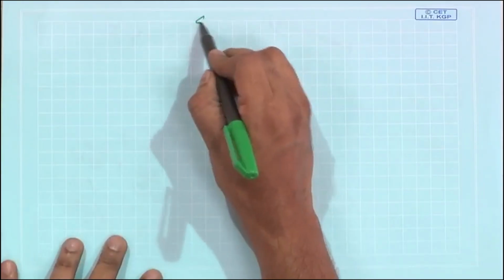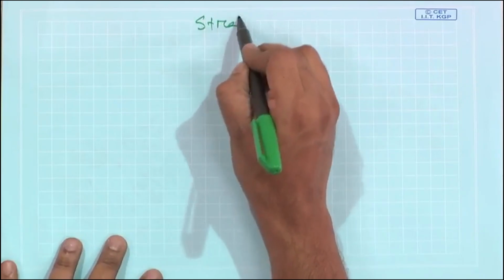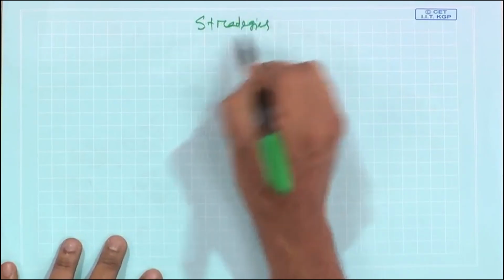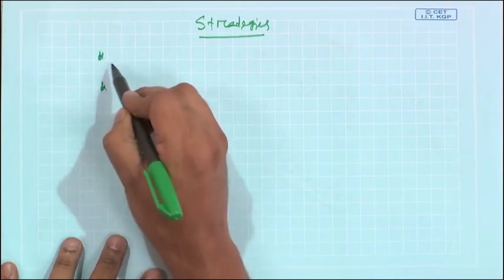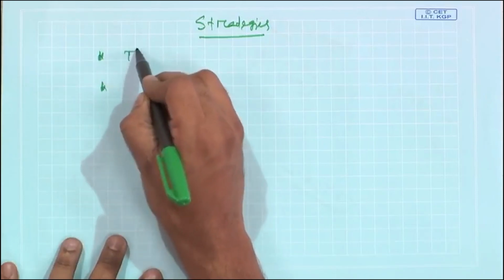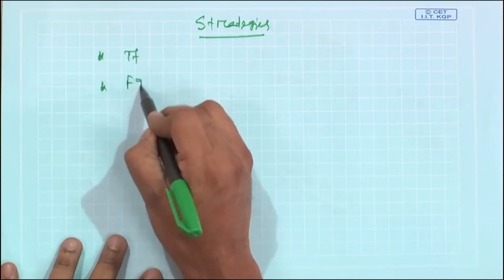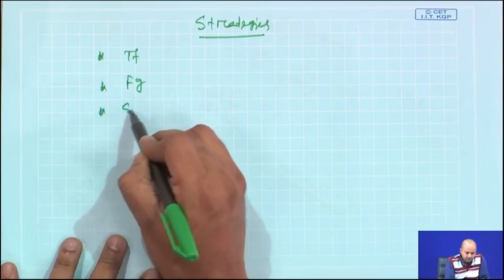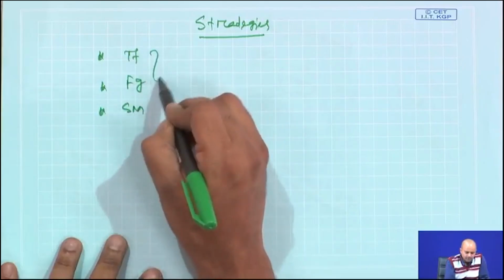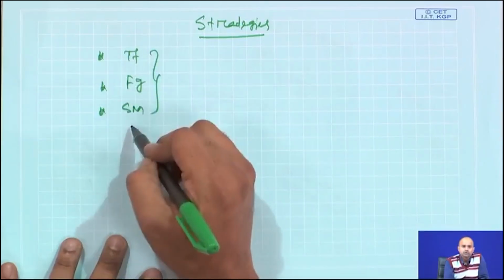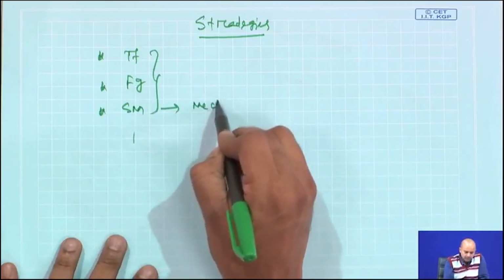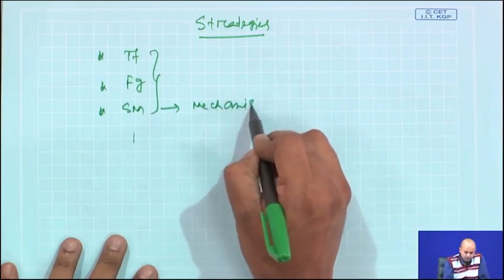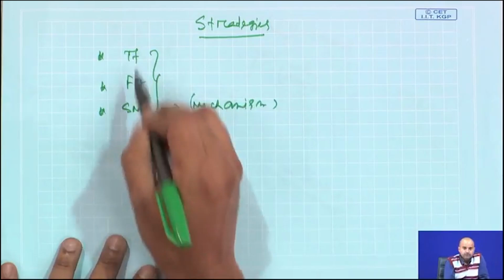At the very beginning we said our strategies will be mainly focused on 6 different topics. Topic 1 is transformation based, topic 2 is functional group based, topic 3 is starting material based. We basically clubbed these 3 strategies together, and in addition we talked about some mechanism based strategies which are also part of these 3 strategies.